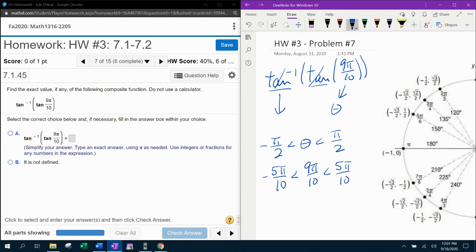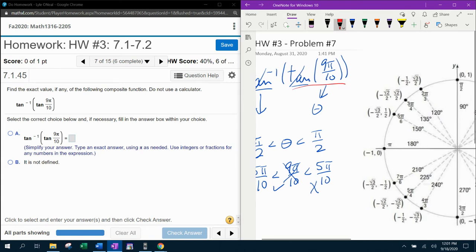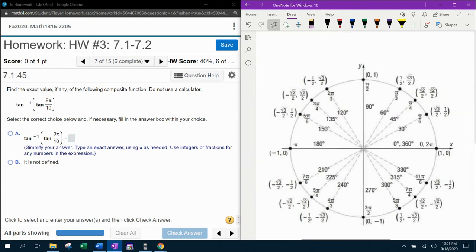So 9 pi over 10 is definitely greater than negative 5 pi over 10, but it is not less than 5 pi over 10. So we know that 9 pi over 10 is not going to be the correct answer. So we're going to have to find an equivalent reference angle that'll produce the same outcome as tangent of 9 pi over 10, okay? So let's go over here to our unit circle.